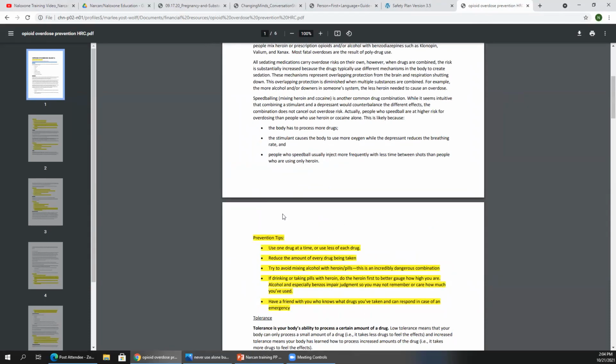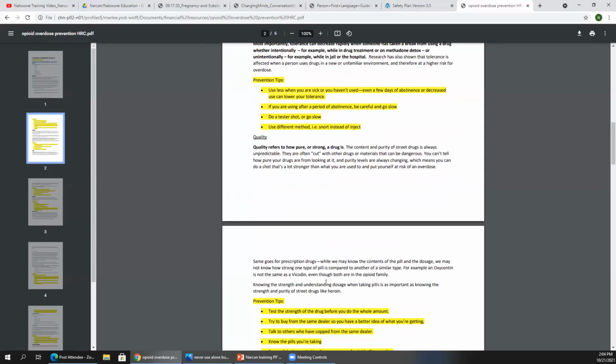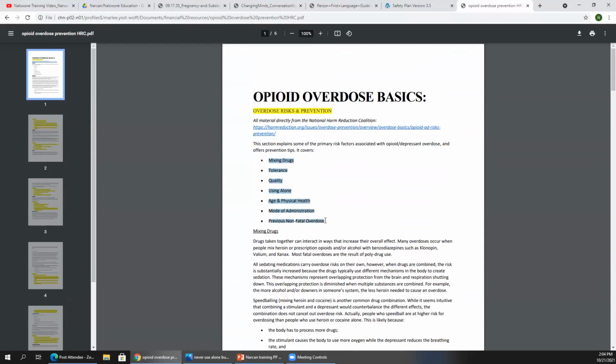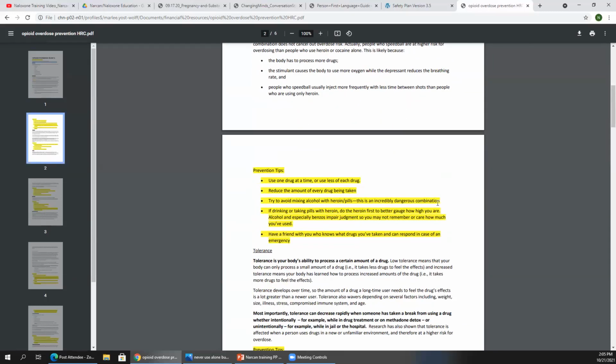Again, a lot of the things we covered about trying to avoid polysubstance use, being aware of your tolerance after periods of abstinence. This handout really dives into some of the main reasons why someone may have an increased risk for an overdose, and some specific tips for each of those reasons that they can refer back to if they do use.